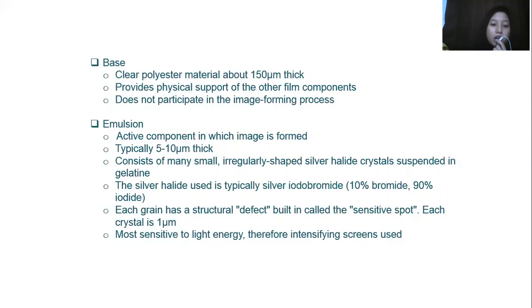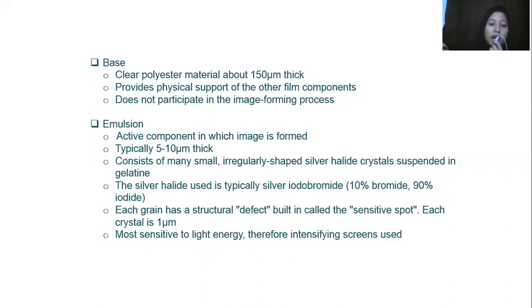Emulsion: one, the active component in which the image is formed. Two, typically 5 to 10 µm thick. Three, consists of many small, irregularly shaped silver halide crystals suspended in gelatin.